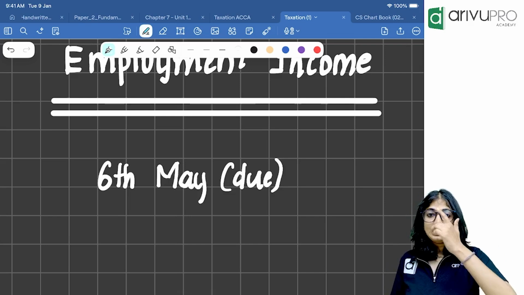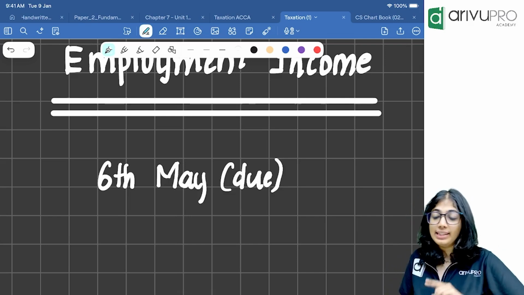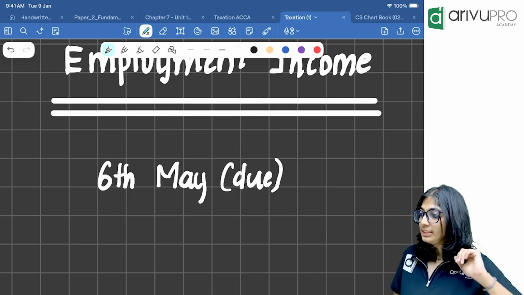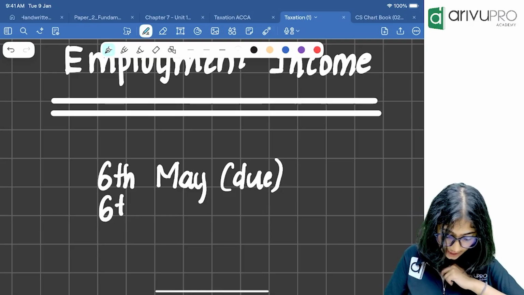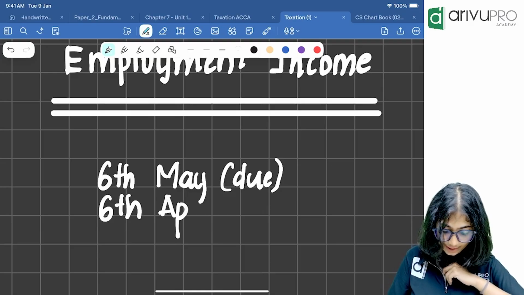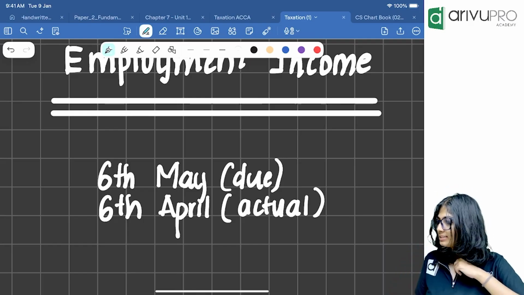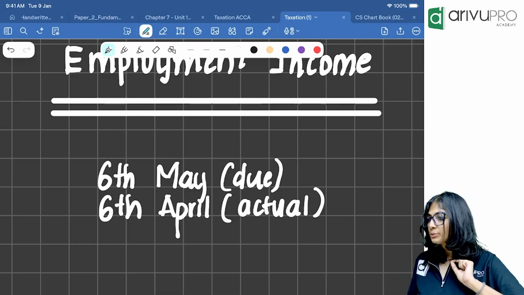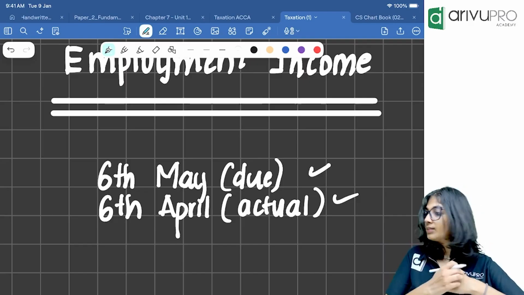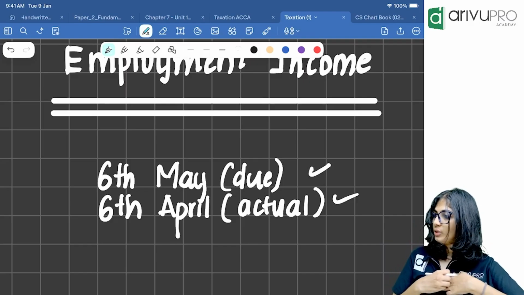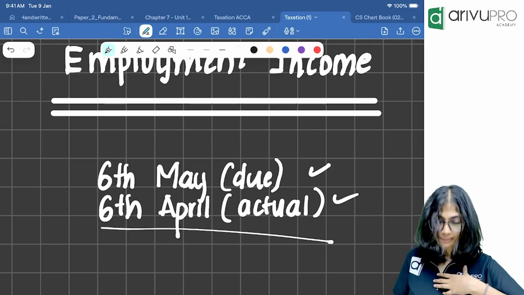But they paid a little bit early. Let's say they had paid on 6th April. Like, 2 months' salary, I'll give it now only. So when are you supposed to take this? What date are you supposed to take? The earlier of these two. So what is the earlier of these two? April comes before May. So this one.